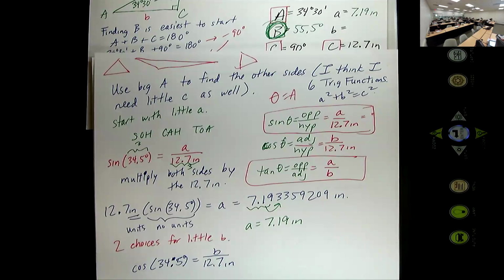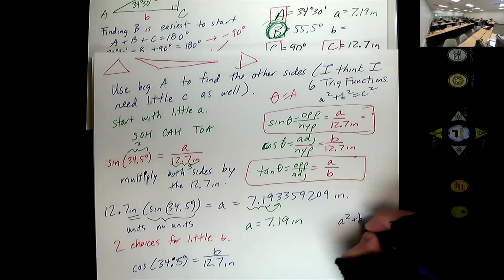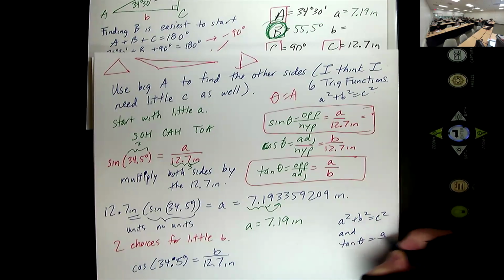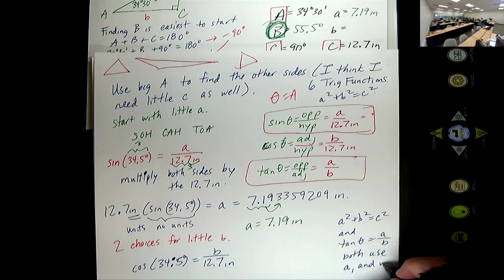So A squared plus B squared equals C squared, and tangent theta equals A over B. Both use A, and we rounded on A, which is bad.